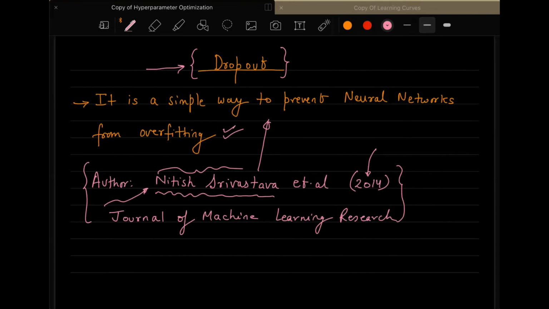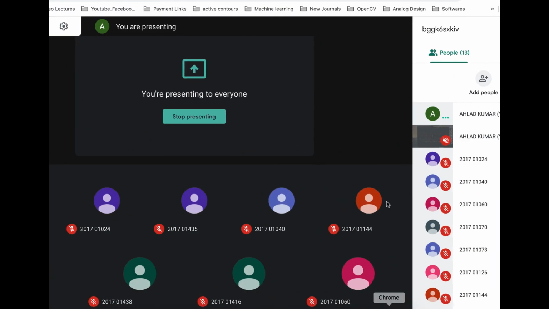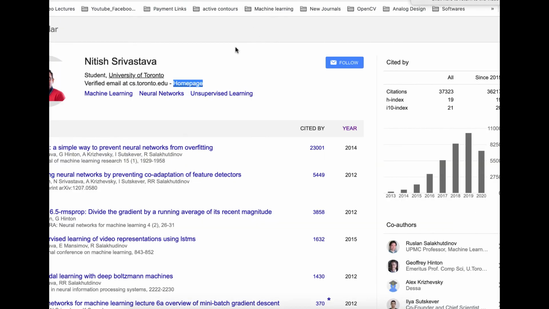Anybody who is doing a bachelor's or master's has the capability of doing it if he wants to do it. And if he doesn't want to do it, then it's a different story. But I just wanted to show you his profile also. And he is currently, I think, doing a PhD at the University of Toronto. And this is the paper that he has published, Dropout: A Simple Way to Prevent Neural Networks from Overfitting.